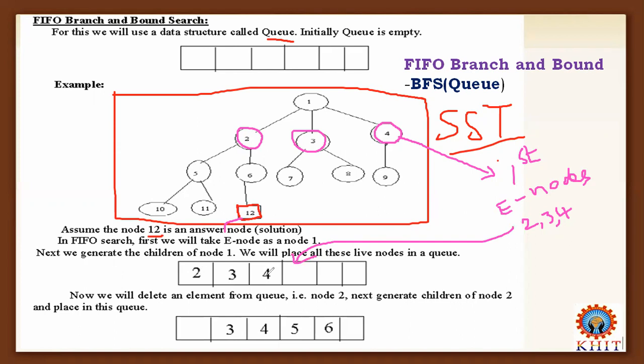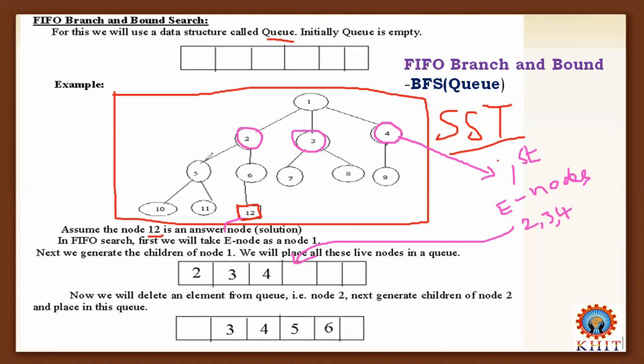Now we simply apply the concept of the delete function. If I can delete one element from the queue, what will happen? So this is the first iteration.